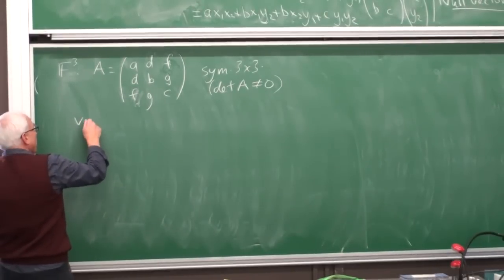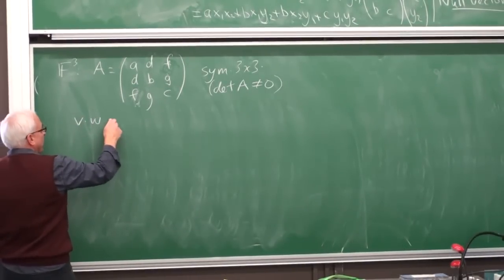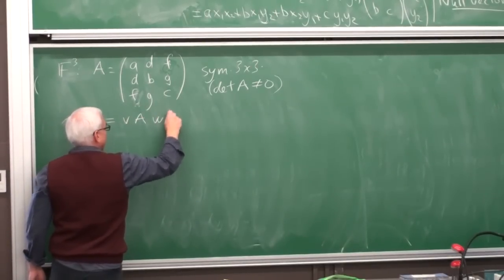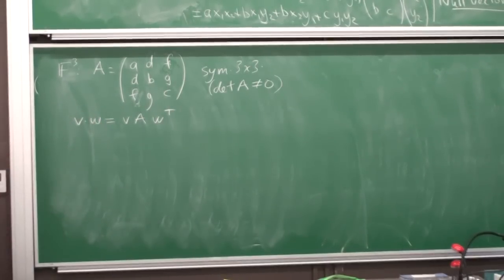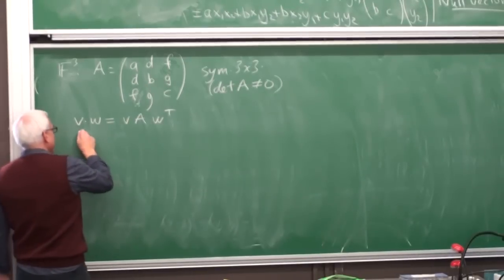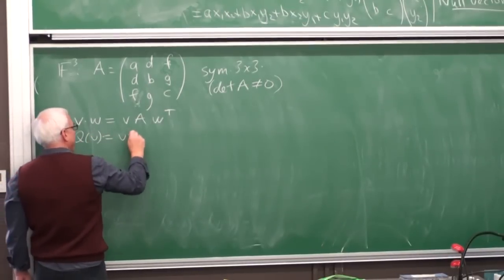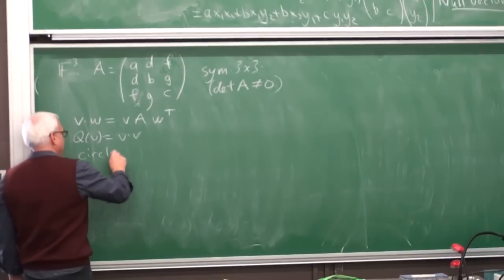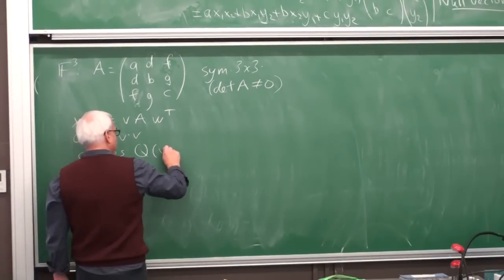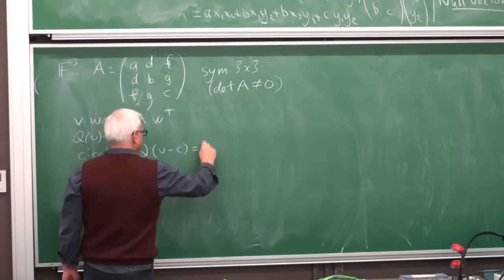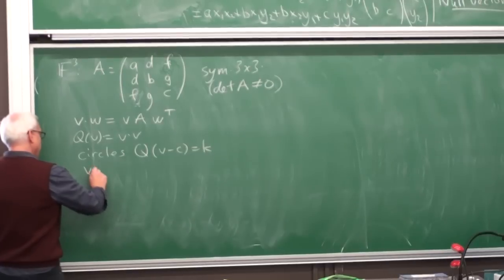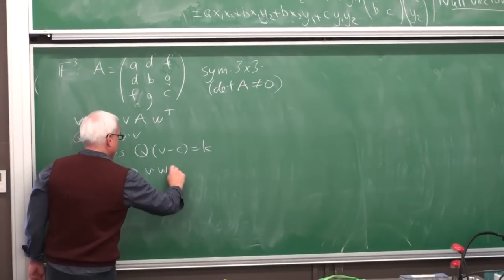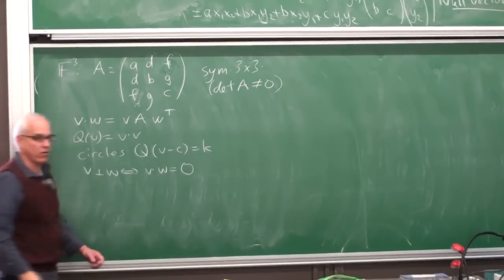We define an inner product on vectors: V dot W is V A W transpose. We define the associated quadratic form. And we define circles as quadrants of V equals K. We define perpendicularity by the bilinear form being 0.